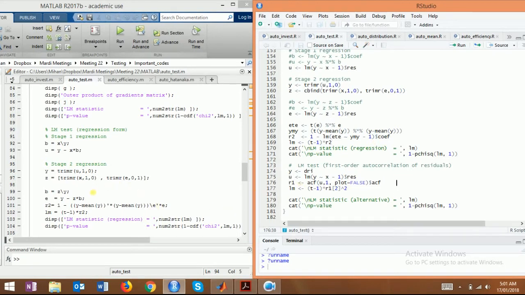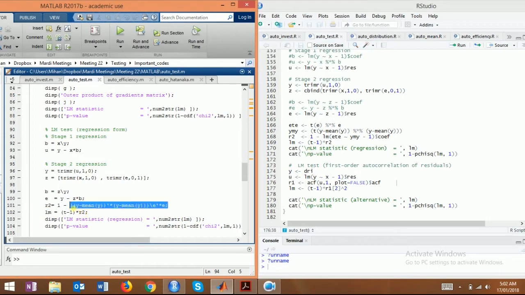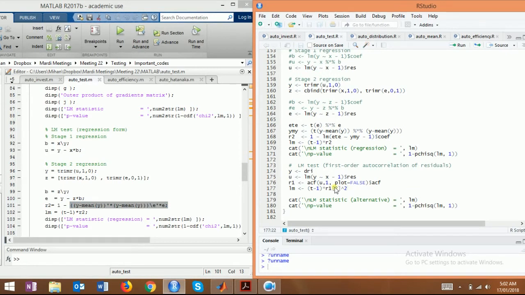So we do OLS regression, find the initial values, and then we find the R square coefficient of determination, which is 1 minus (y minus mean of y) transpose (y minus mean of y) divided by u transpose u, or this we can write as 1 minus e transpose e divided by (y minus mean of y) transpose (y minus mean of y), right? So first we do a basic regression.